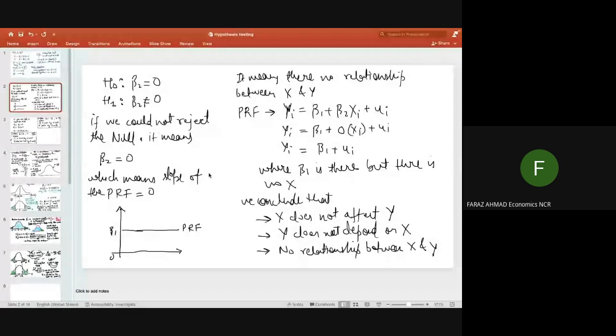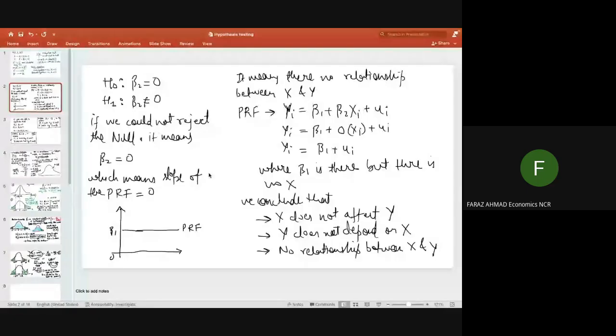If the null is not rejected, we go with the null, and that means beta 2 is actually 0. That means x does not affect y. That means there is no relationship between x and y. So it comes down to rejecting the null and not rejecting the null, and these are the only two situations which are possible.